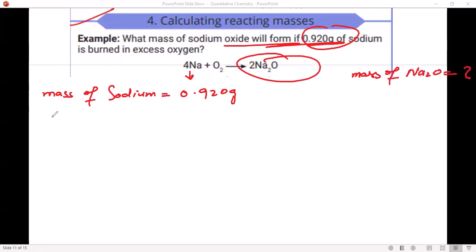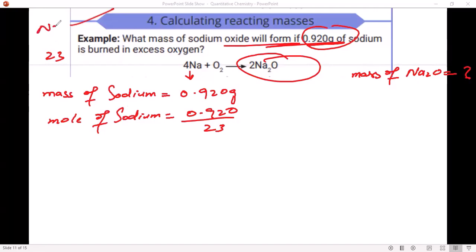We use the same approach. What they have given us, convert this into moles. So moles of sodium would be equal to the given mass divided by 23. Guys, what is 23? The relative atomic mass of sodium. So when you divide 0.920 by 23, that would be 0.04 mole.